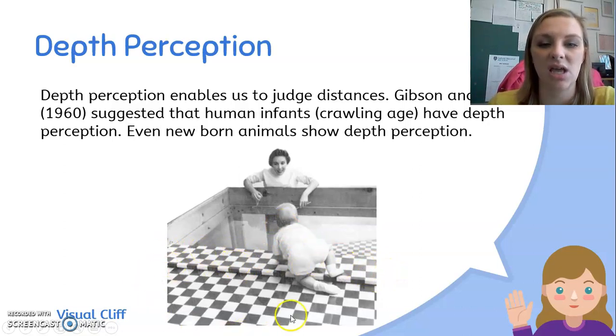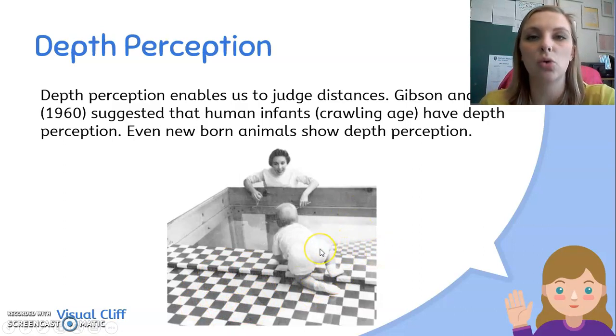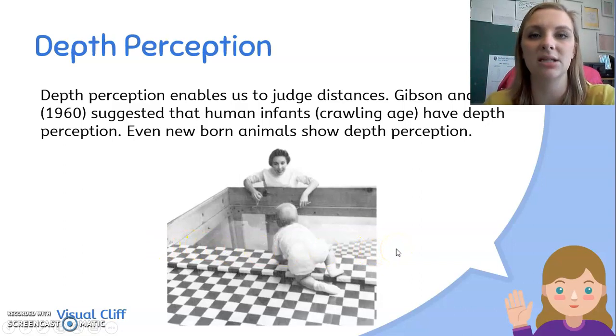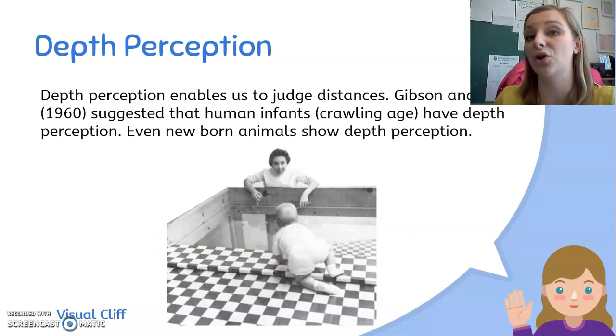Okay, so this is a box that the infant was on, where they could see the checkered floor here, and then down below this glass, there's also a checkered floor. And so the infants would have their mom over here, and they would be coerced to come over to their mom. But when they hit this glass here, they stopped. They did not continue to crawl because they could see that that was further away and that they might fall. This is the idea of a visual cliff, okay?